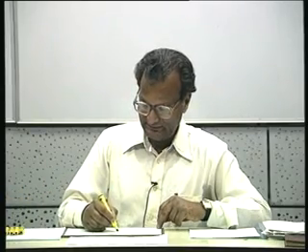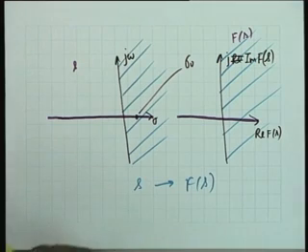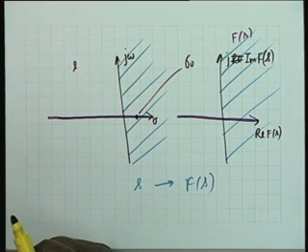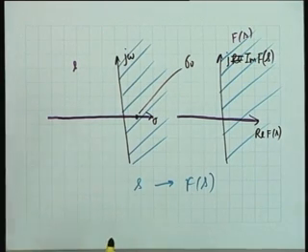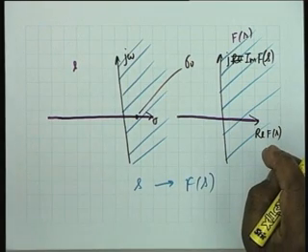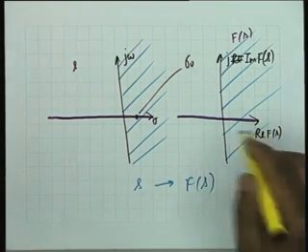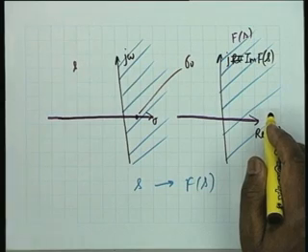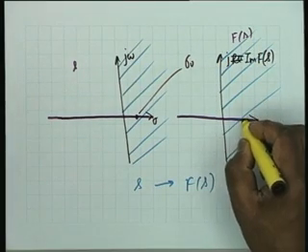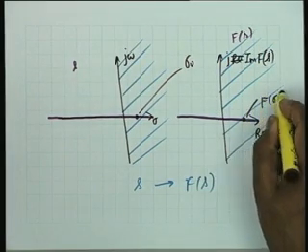A question: suppose I have a point, let us say here, let us say this point is sigma 0. What would be the possible location on the f of s plane? Real axis, positive half. So it would be somewhere here, let us say f of sigma 0.